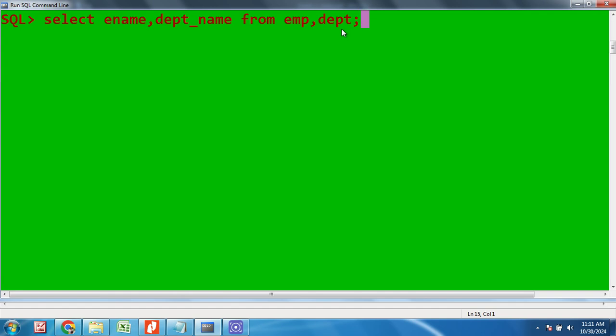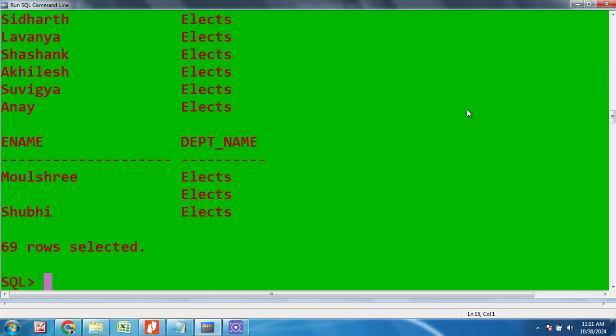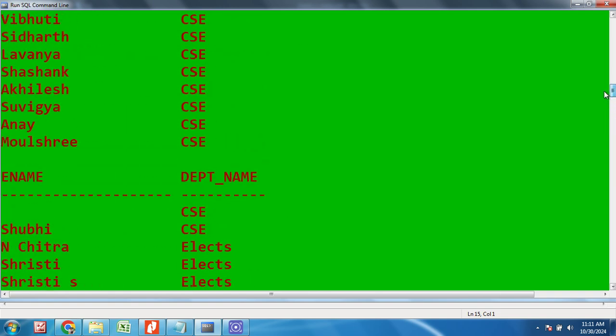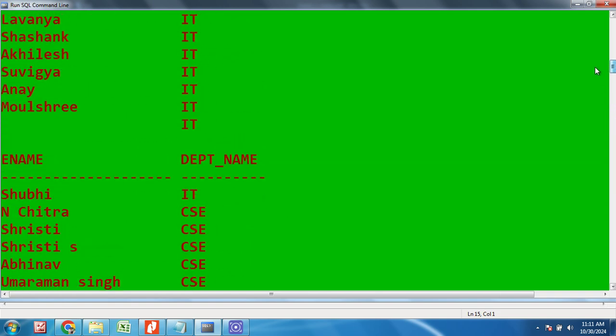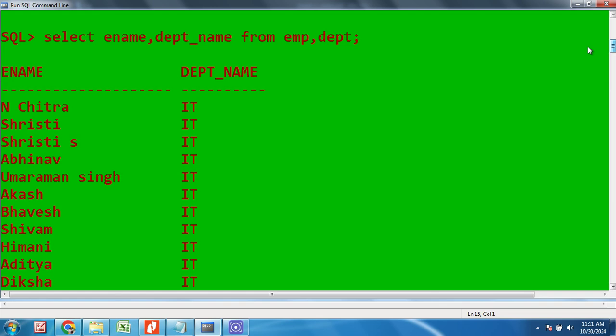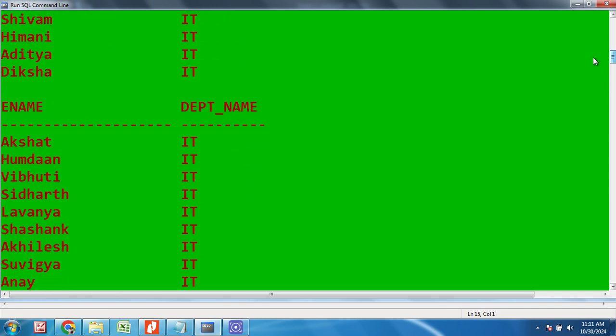But in Cartesian join we don't use the word Cartesian. We just write select ename, dept name from emp comma dept. So it is giving me Cartesian matching of both the values. Here we can see each ename is related with it.